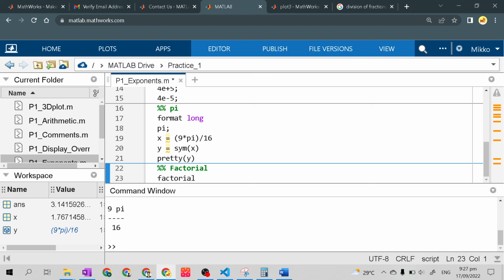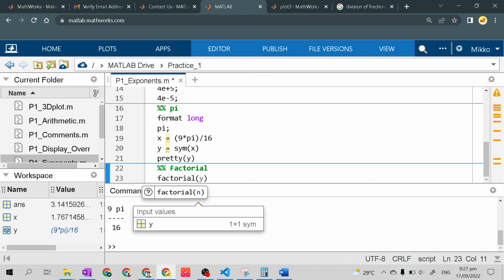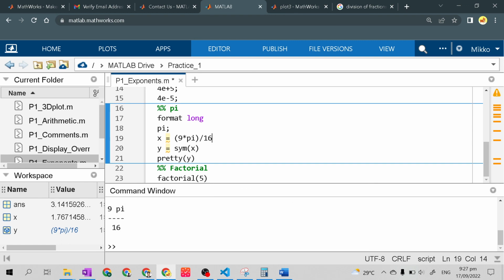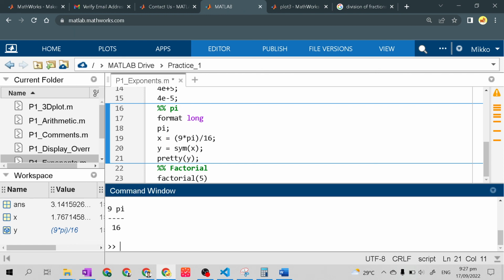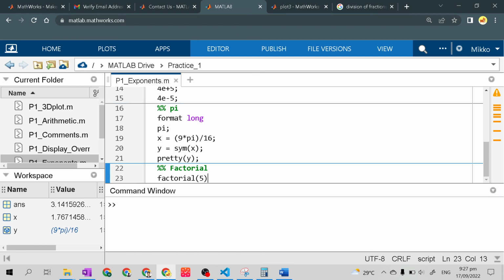Factorial is just the syntax factorial. Very easy. So remember this, don't put a variable for pretty. So F5, and the answer is 120.